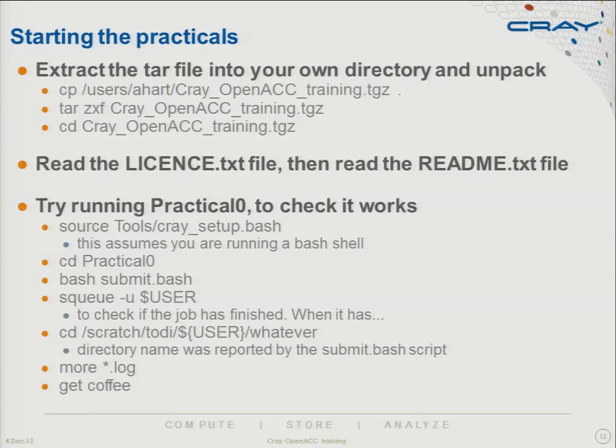But what it also does is run two commands. One's called nvidia-smi, one's called pgaccelinfo. These are useful commands to have in your back pocket because they give you information about the GPU. They tell you what GPU you have, whether there is a GPU.